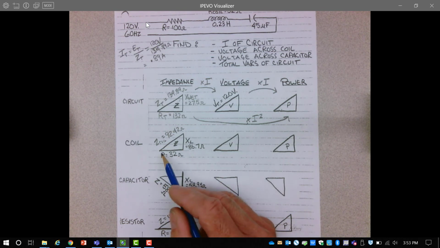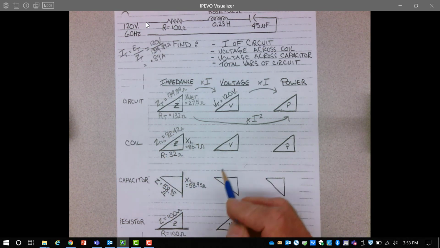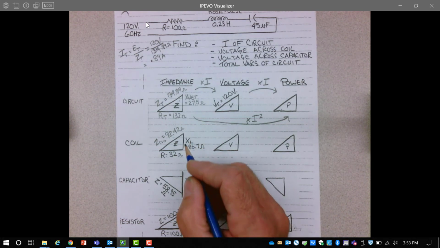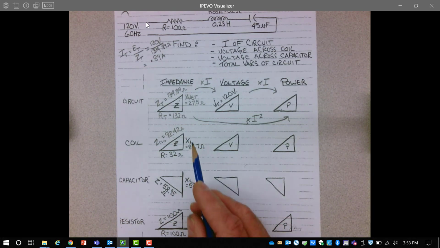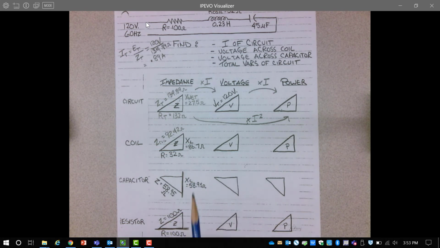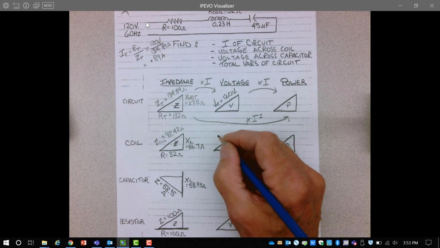Any side of the impedance triangle for the coil multiplied by the current will give me the same side of the voltage triangle. So 92.42 ohms times 0.89 amps will give me 82.25 volts.